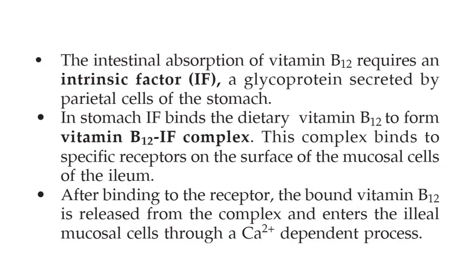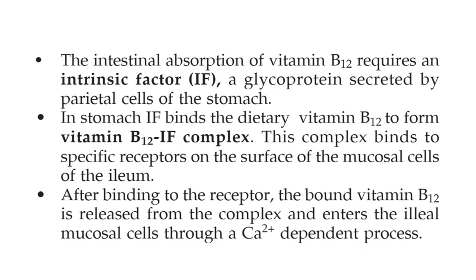Now we'll move ahead with the metabolism of vitamin B12. In this session we'll be focusing on the absorption, transport and storage of vitamin B12. Intestinal absorption of dietary vitamin B12 requires an intrinsic factor, which is a glycoprotein secreted by the parietal cells of the stomach.